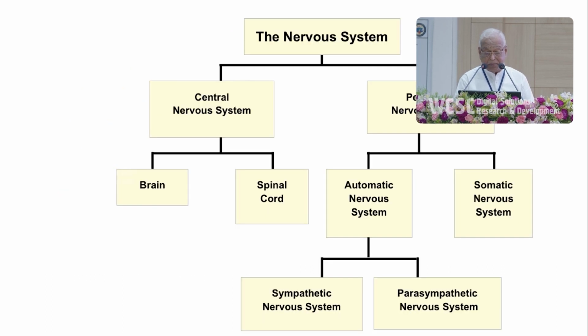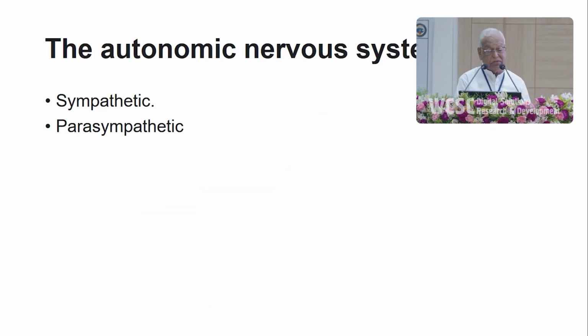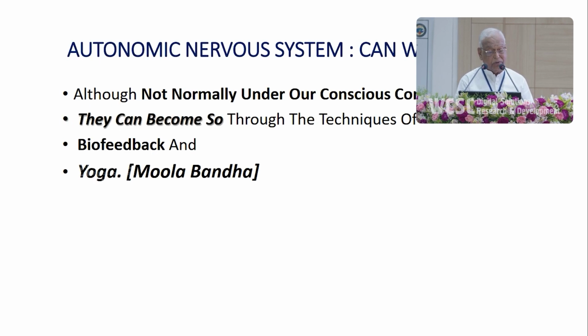So let us see. We know the nervous system is divided into the central nervous system and the peripheral nervous system, that is the autonomic nervous system and the somatic nervous system. The autonomic nervous system is sympathetic and parasympathetic. Here we are more concerned about the parasympathetic system.